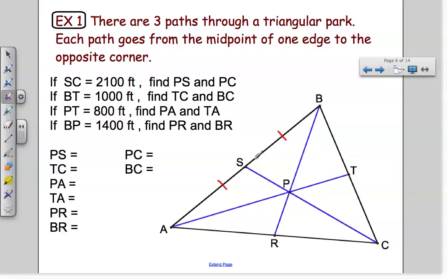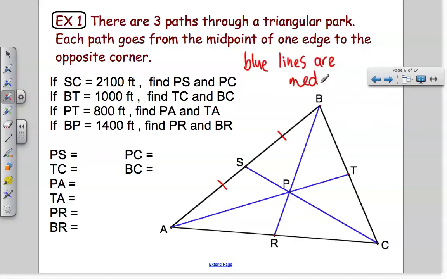Well, what does that make this blue line? A median, right? Because it goes from the midpoint of a side to the opposite vertex. So the blue lines in this case are medians. And then what would that point P be called? Hopefully we remember, we've been talking about the centroid is where the medians meet. So each of these medians is divided into 2/3 and 1/3 segments. We're going to use that in a minute here.